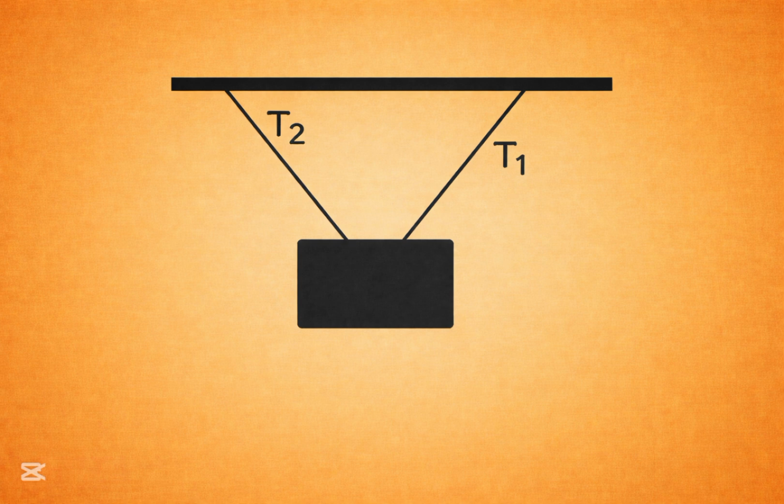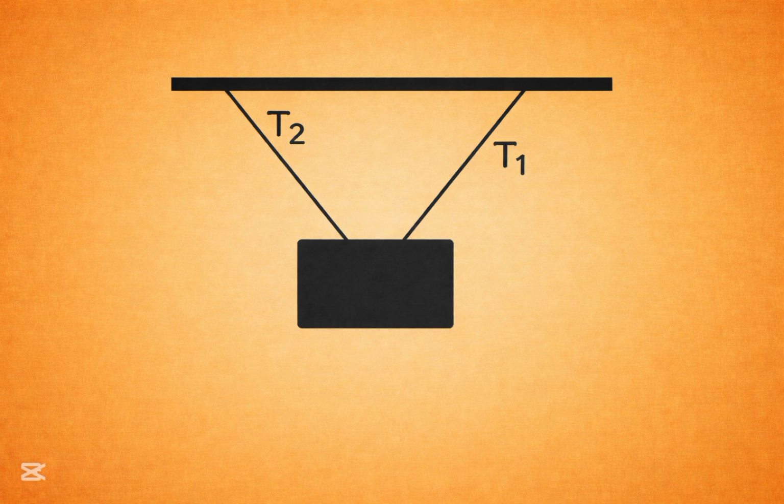Okay, people. So now I hopefully believe you can understand what's going on the screen. You might be surprised. This object is an object hanged on a ceiling. So our ropes or our chains, which are T2 and T1, are connecting our ceiling and the object.